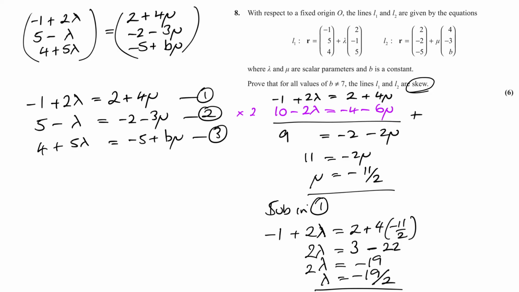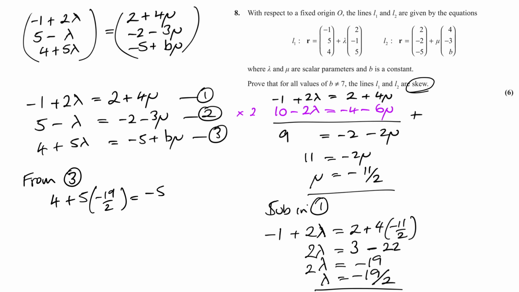So now I've found my mu and my lambda. And at this point you've earned half your marks, you've earned 3 marks. So from 3, now we've got the 4 plus 5 lambda, where lambda is minus 19 over 2, isn't it?